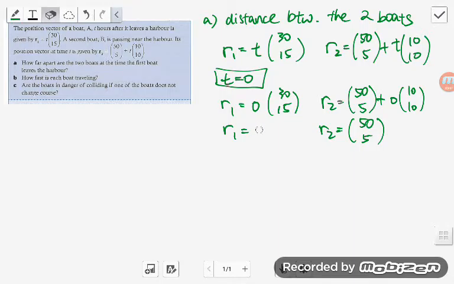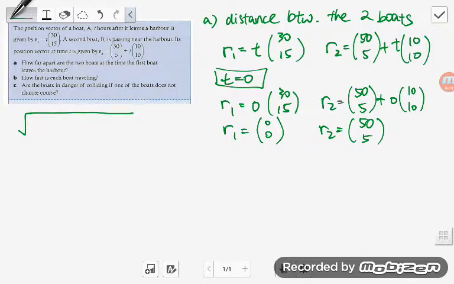For boat 1, I'm going to write that in terms of a column vector. So this is going to be (0, 0), which means boat A is at the harbor. Now all I have to do is find the distance between these 2 points. Remember, I kept mentioning the distance between 2 points is very similar to the distance formula on the xy plane.